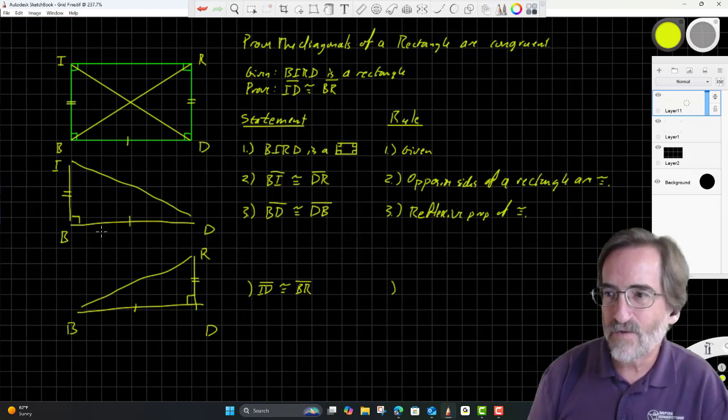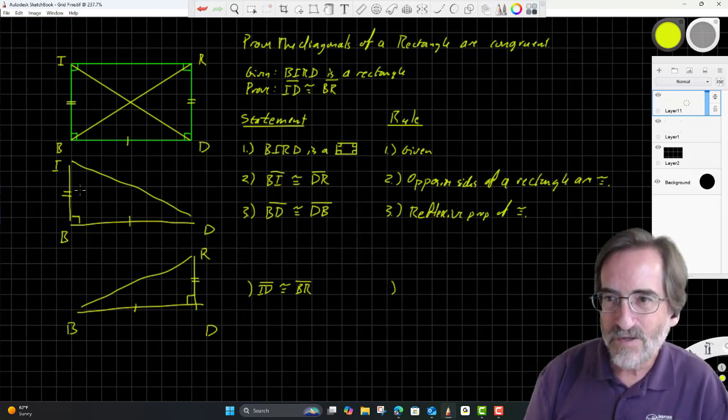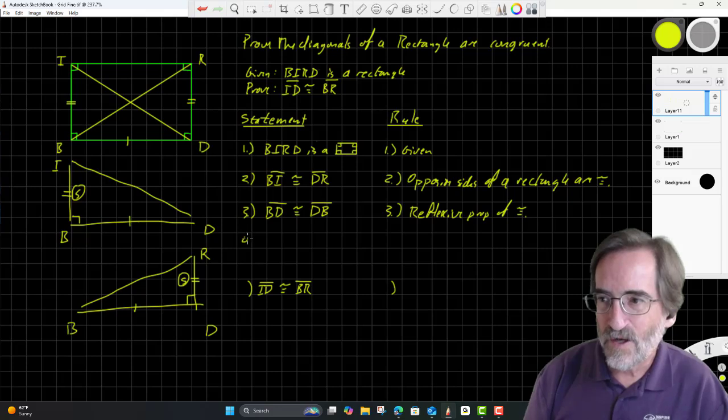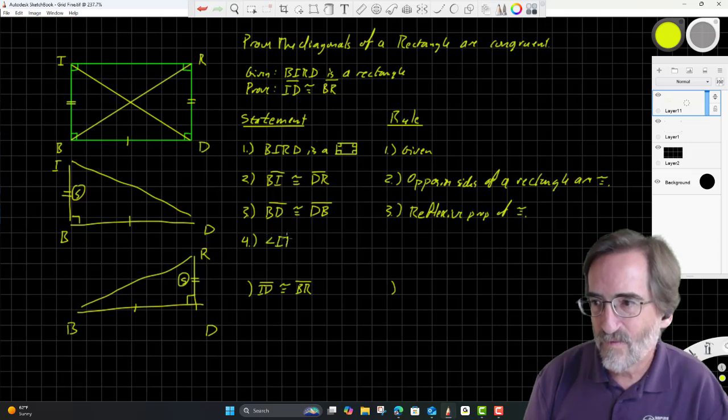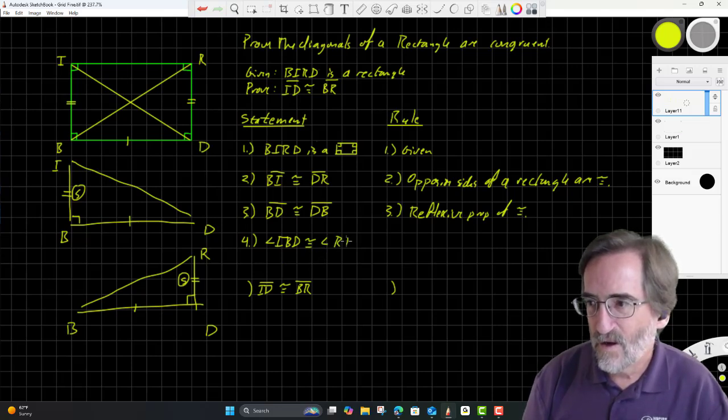Now check out what I've got here. I've got a side congruent to a side. Oh, and one more thing I need to state. Angle IBD is congruent to angle RDB. How do I know they're congruent?